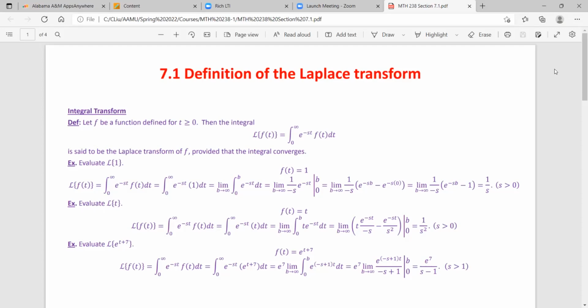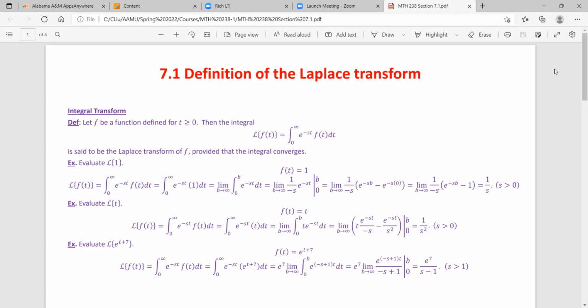So then we define the integral of e to the negative st times f(t), integrated from 0 to infinity. You can see you are integrating over the variable t. So after integration, it becomes a function of s. Remember, in this exponential e to the negative st, we have s as a parameter or a new variable, and t is a dummy variable.